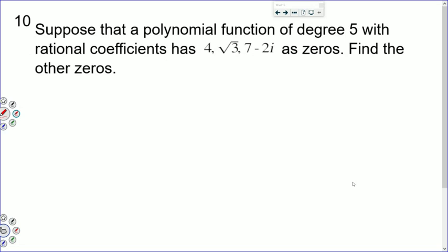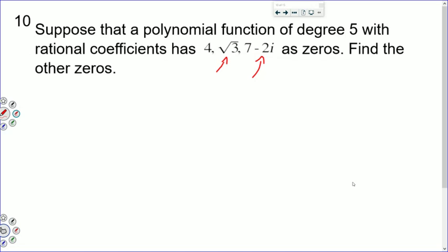Suppose that a polynomial function of degree 5 with rational coefficients has 4, square root of 3, and 7 minus 2i as zeros. Find the other zeros. Whenever we have a radical or an imaginary solution, we have to have the conjugate of it.